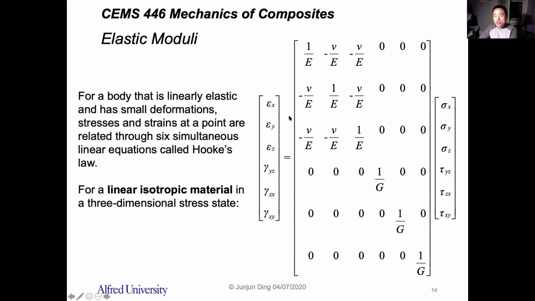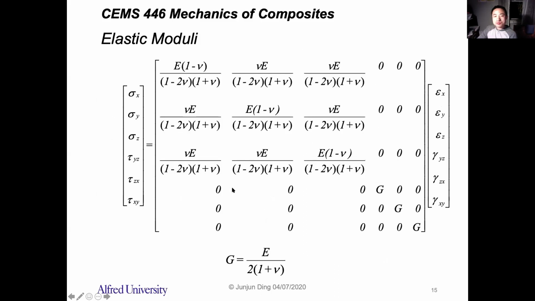All right. So once you know the Young's modulus, Poisson ratio, and shear modulus of the isotropic material, you know this elastic moduli, right? You can also get the relation between the stress and strain.